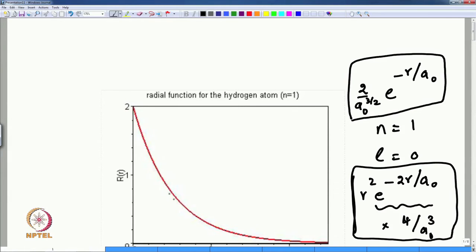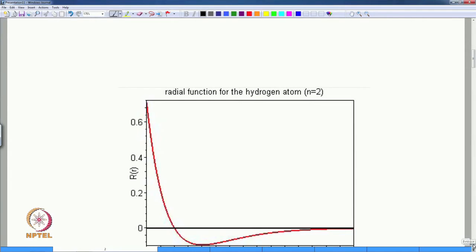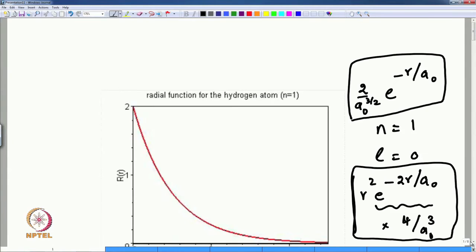Okay. The radial function is given like this, and the radial probability, if I have to make a brief plot of this, I do not have it in the screen here. If I do the plotting as a function of r, if I do the r square, the radial probability goes like that.